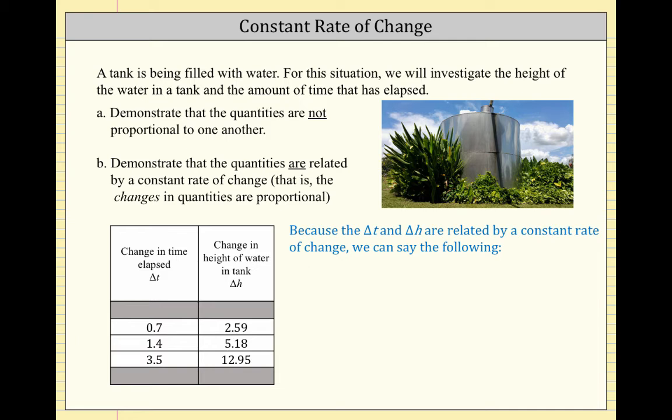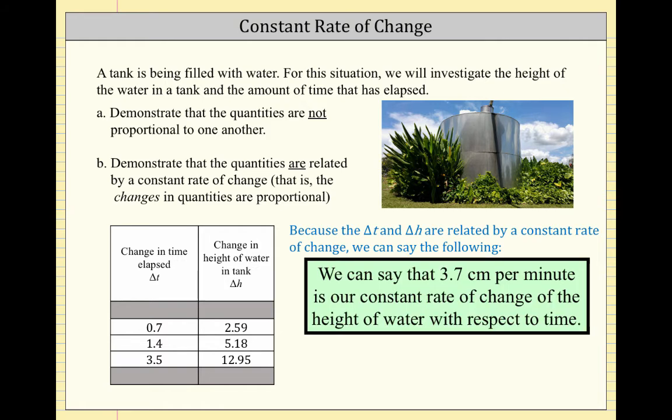So what this means is that because delta T and delta H are related by a constant rate of change, we can say that 3.7 centimeters per minute is our constant rate of change of the height of water with respect to time. In particular, note that the units of the constant rate of change, centimeters per minute, are expressed in the form output units per input unit.